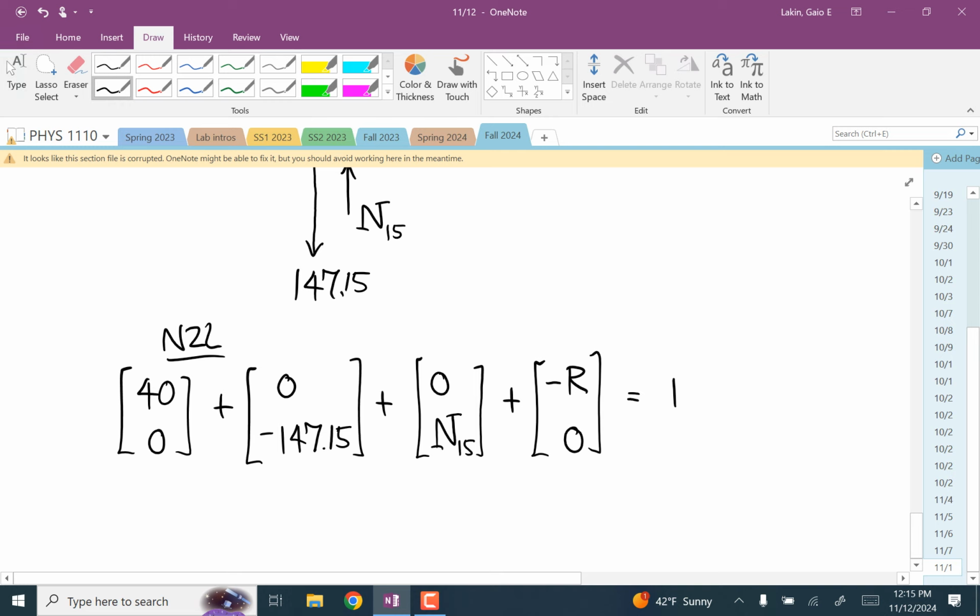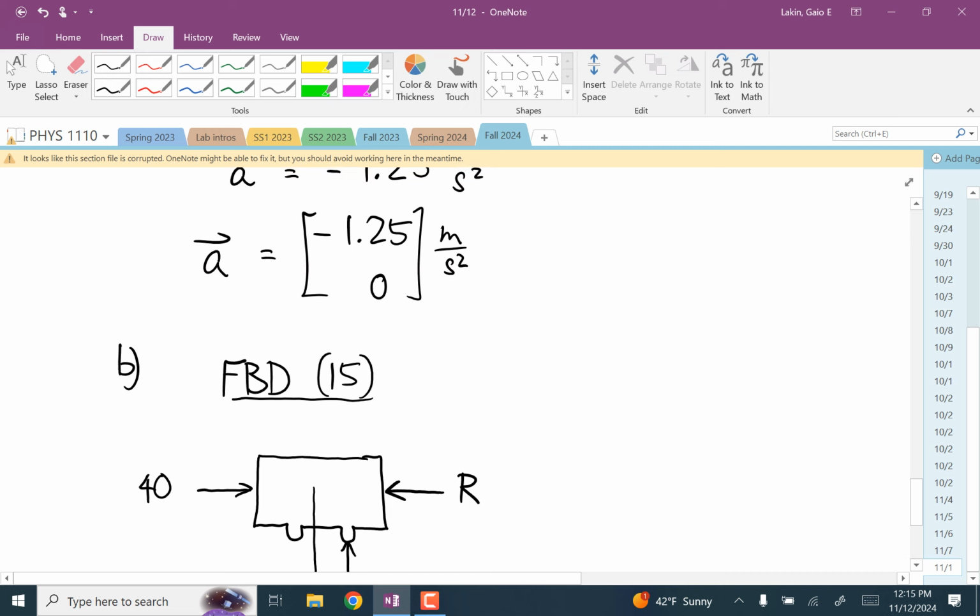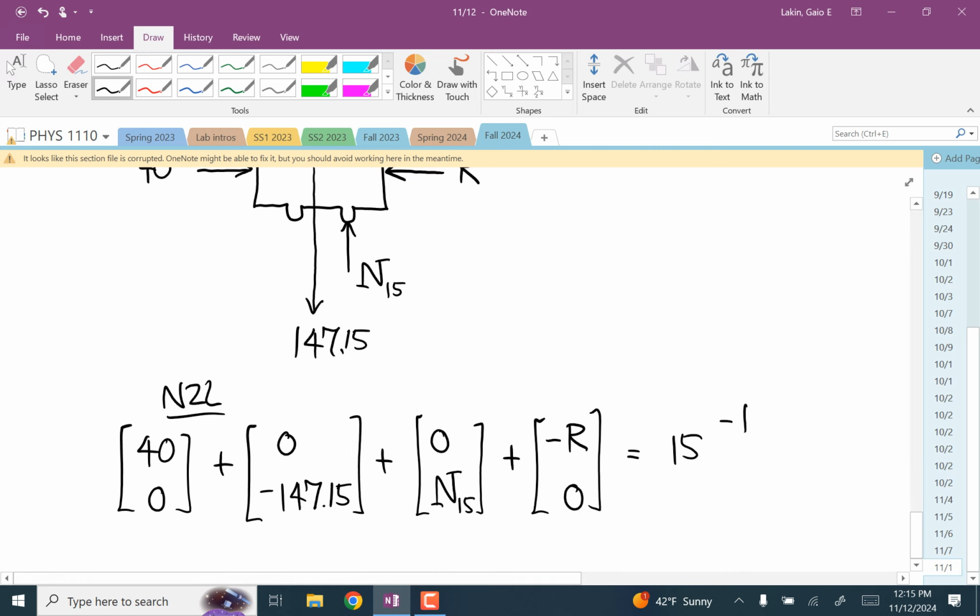Is equal to the mass times the acceleration of the system that we just calculated, negative 1.25, 0.